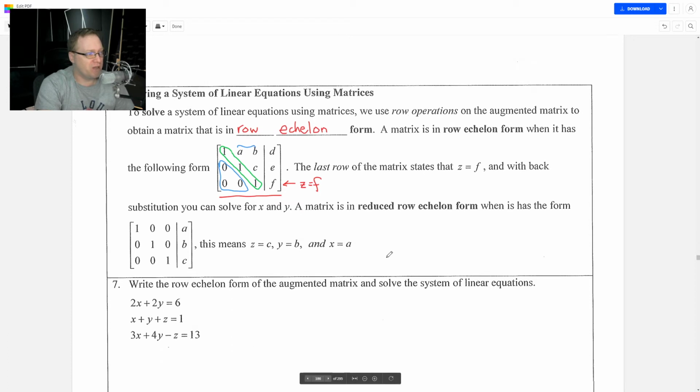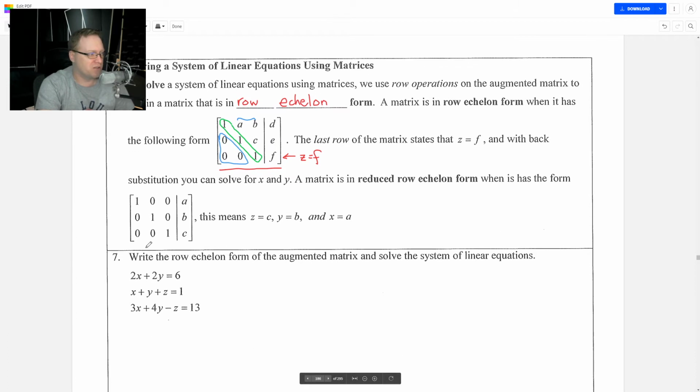Before we practice some problems, another way we can make our matrix look is something called reduced row echelon form. Reduced row echelon form is when our matrix looks like this. What is this matrix? This is the identity matrix over here, 1, 1, 1, and then zeros everywhere else.